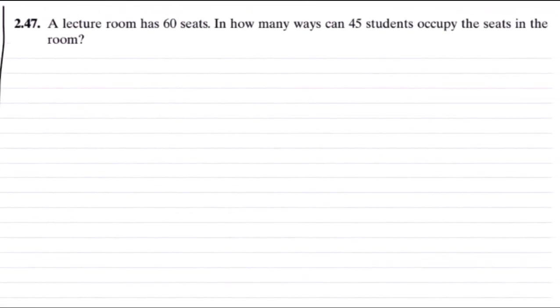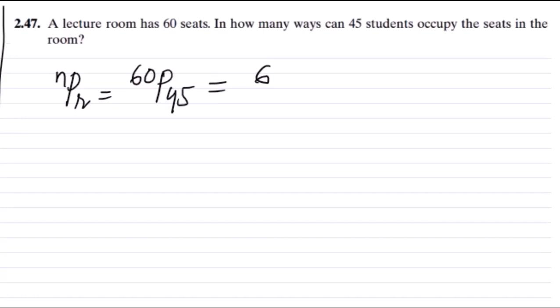Now in 2.47 it is asking us that a lecture room has 60 seats. In how many ways can 45 students occupy the seats in the room? That is a very easy question, and it is basically a permutation question, because the order of the persons also matters here. So we have the formula nPr. Writing the nPr here, there are 60 seats, and the students have to occupy 45 seats.